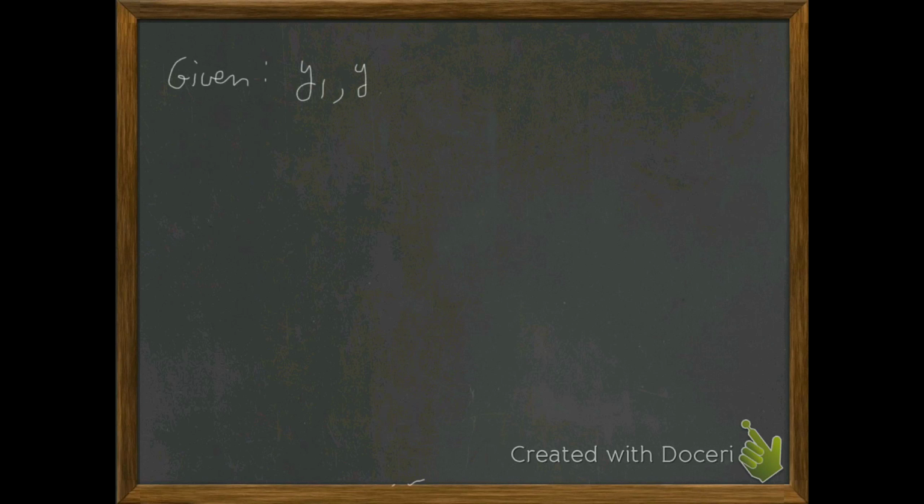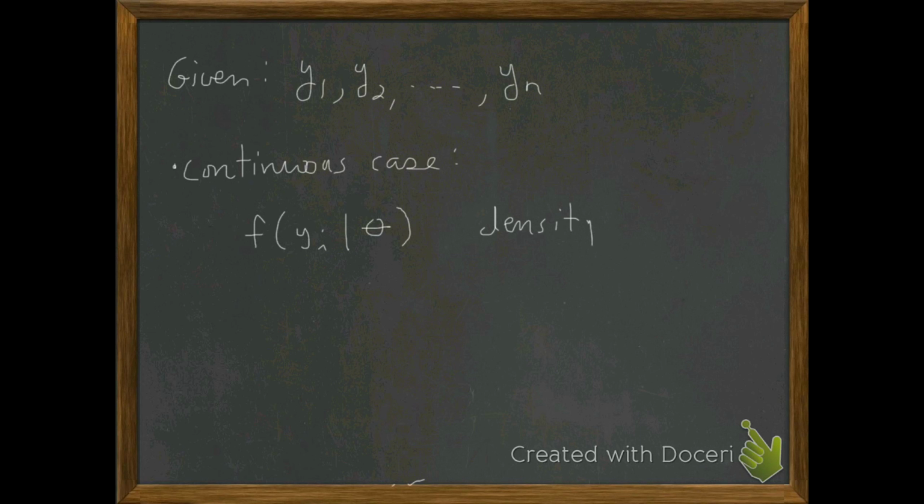Y1, Y2, Y sub n. And I want to look at the situations where we have the continuous case. So we're going to have f of y sub i given some parameter theta, and we'll say that this is our density function.